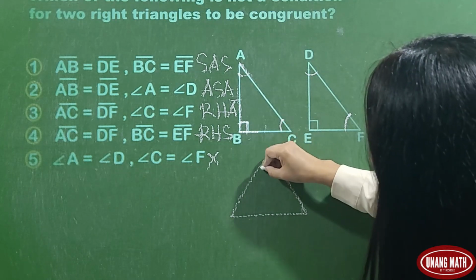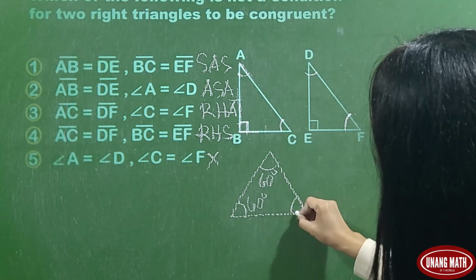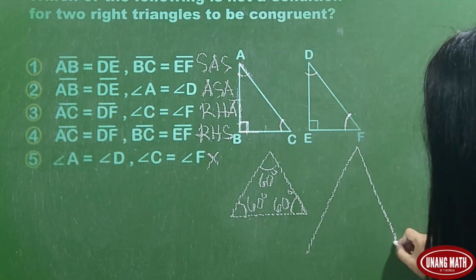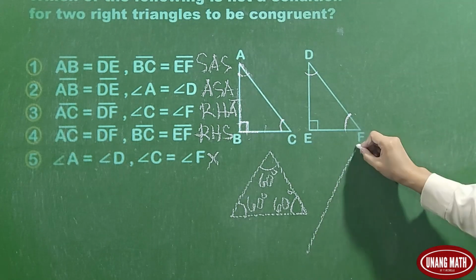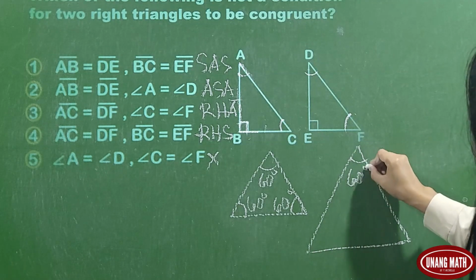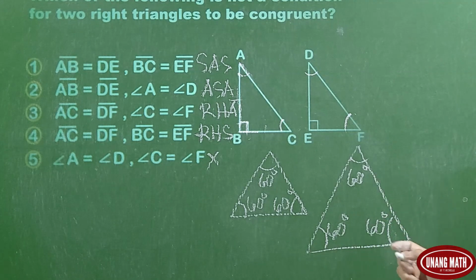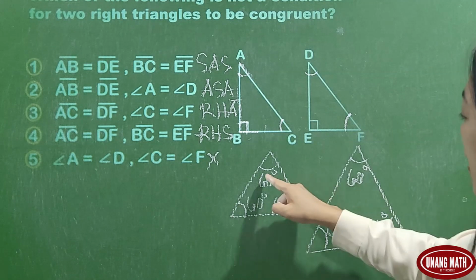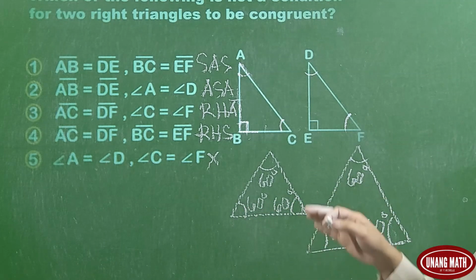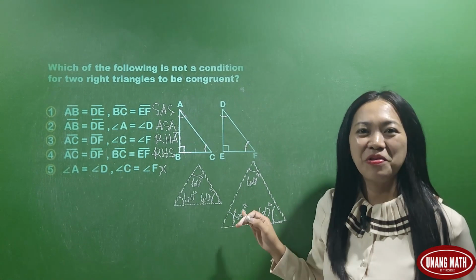If it's a regular triangle, then this is 60, this is 60, and 60. And we have here a bigger regular triangle. So this is also 60, 60, 60. Just a bigger regular triangle. So even if the corresponding angles are equal in measure, it doesn't mean that these two triangles are congruent.